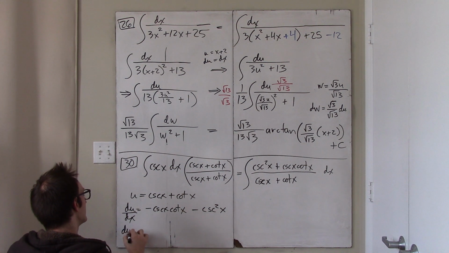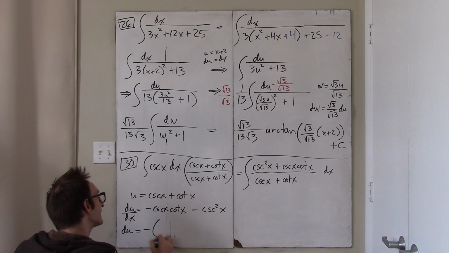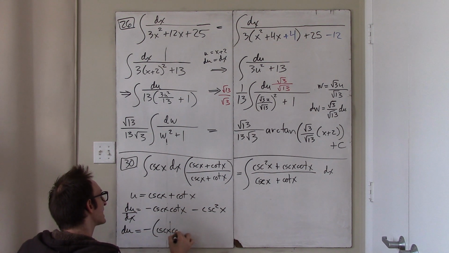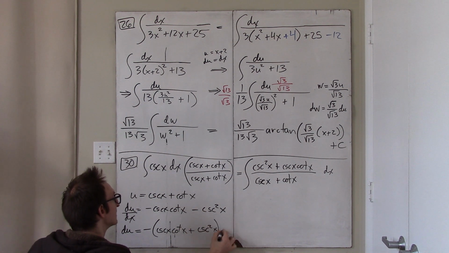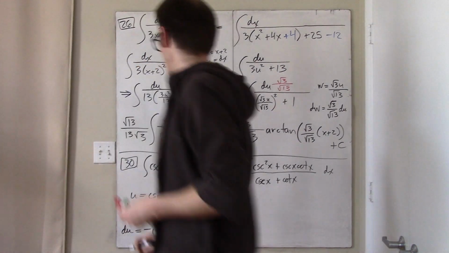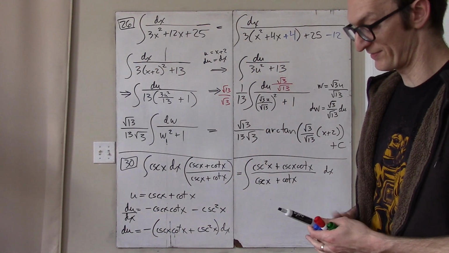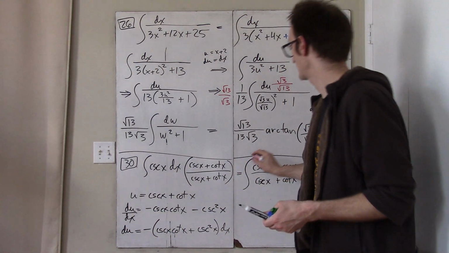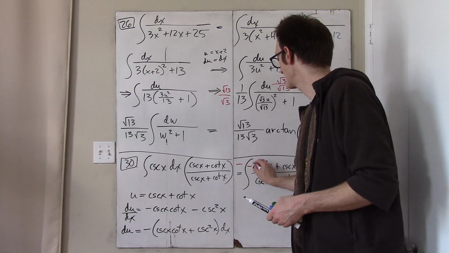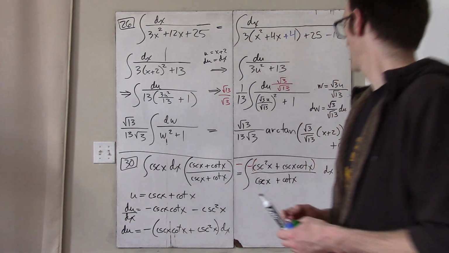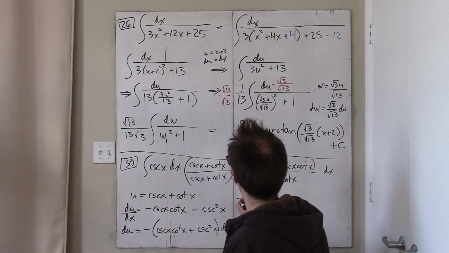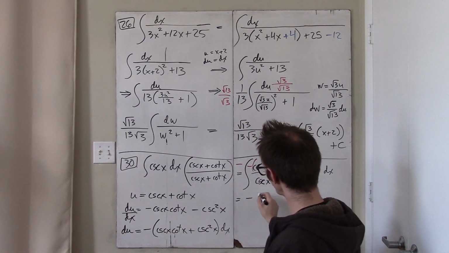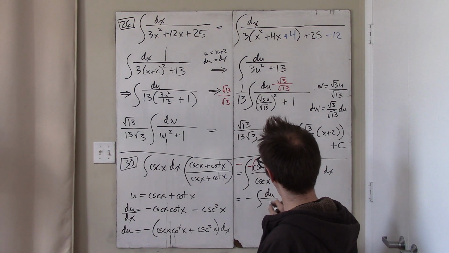So what is du? It's just the opposite of cosecant x cotan x plus cosecant squared x dx. In other words, du is just the opposite of that numerator. And so if I stick a negative on the outside and a negative up here, then this is exactly negative du over u.